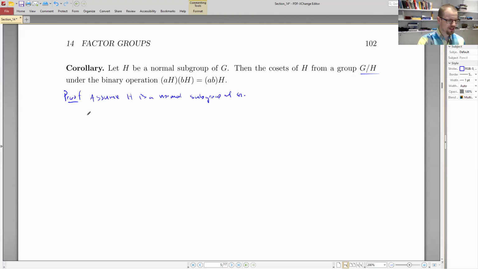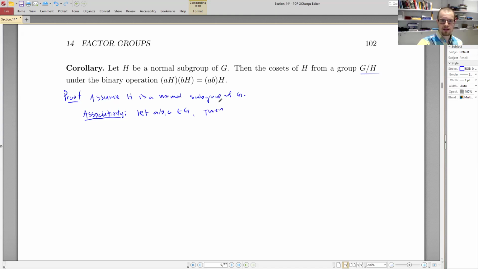All right, so for the first condition, we want to show associativity. For associativity, we need three elements. Let A, B, and C be elements of the group G, because that's how we identify our cosets.